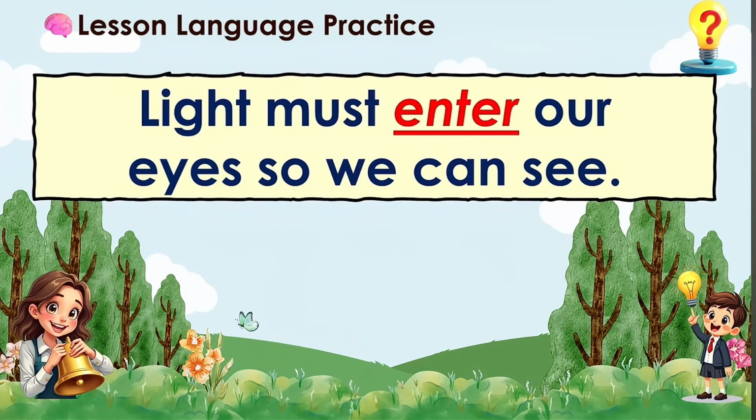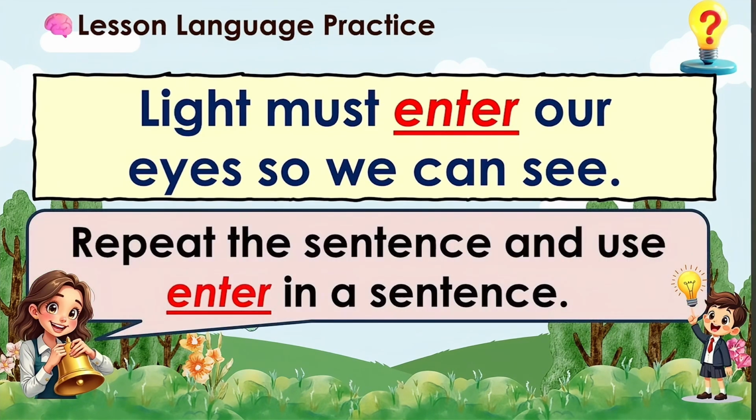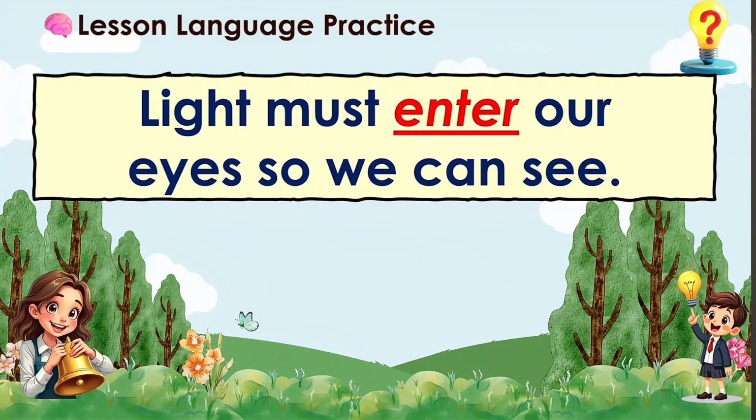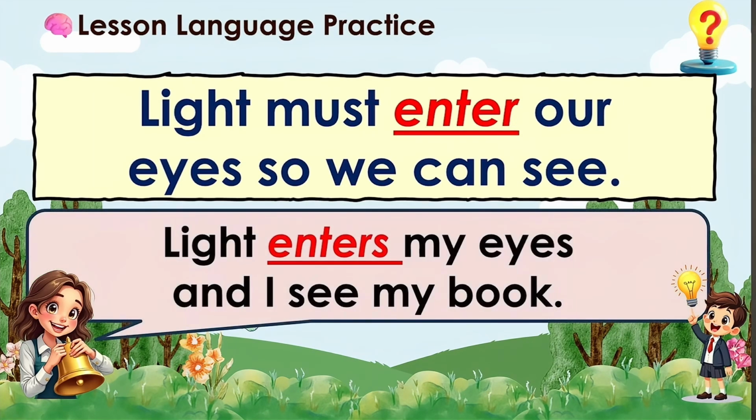Next is, light must enter our eyes so we can see. Okay kids, repeat the sentence, then use enter in a sentence. Example sentence is, light enters my eyes and I can see my book.